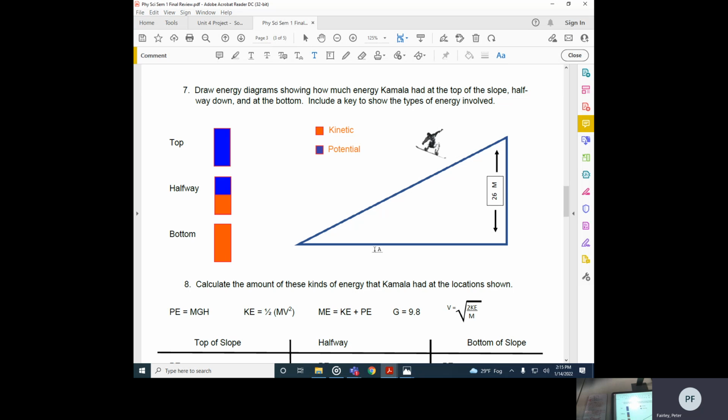The equation to find potential energy. So all you have to do is show it's all potential at the top, all kinetic at the bottom, half and half in between.